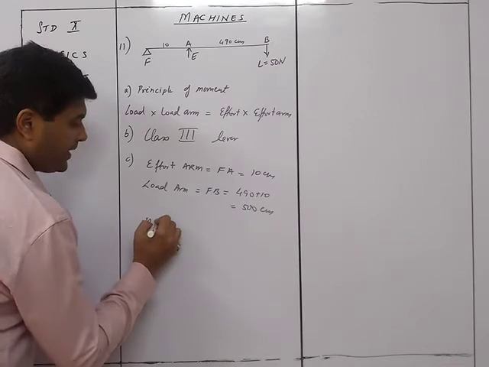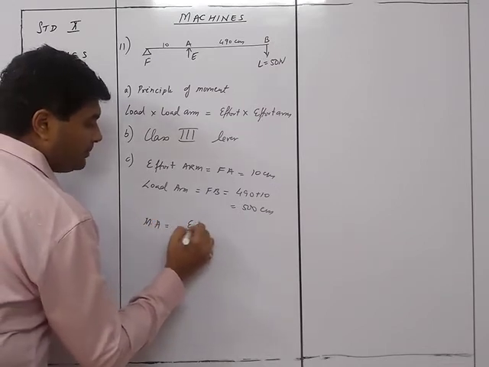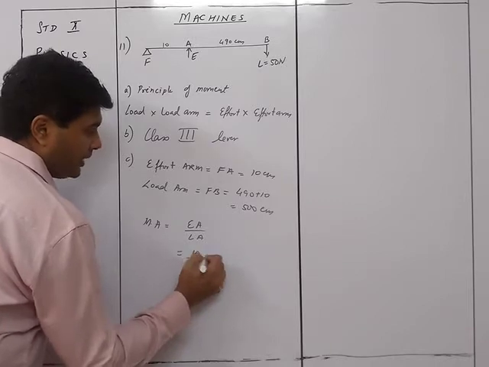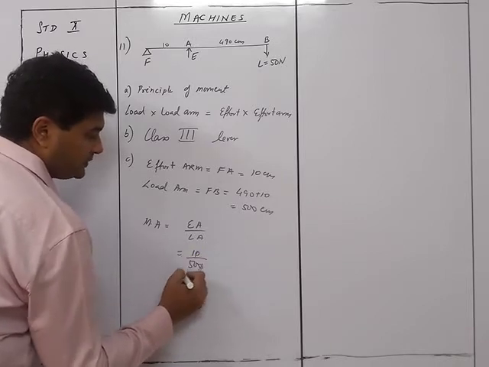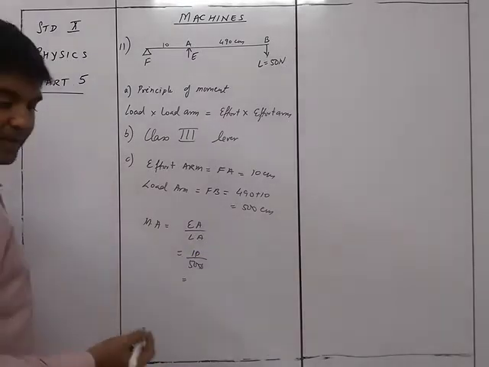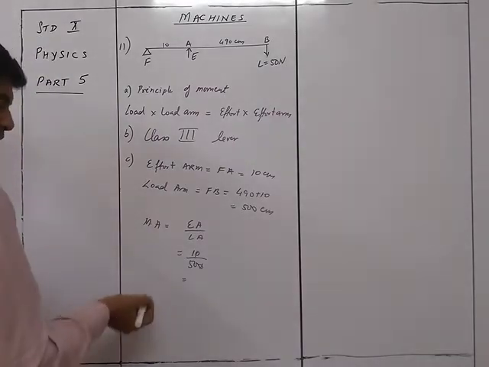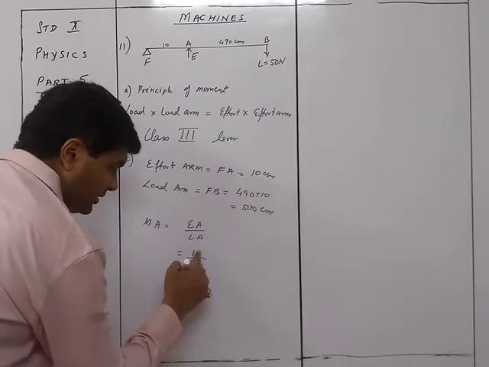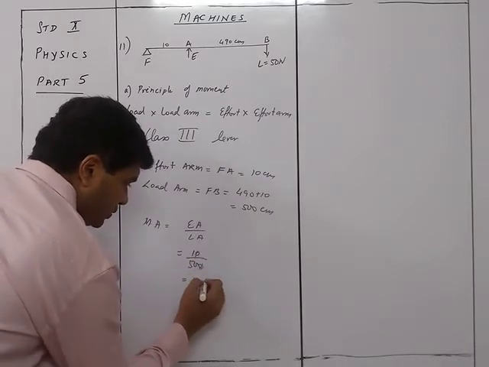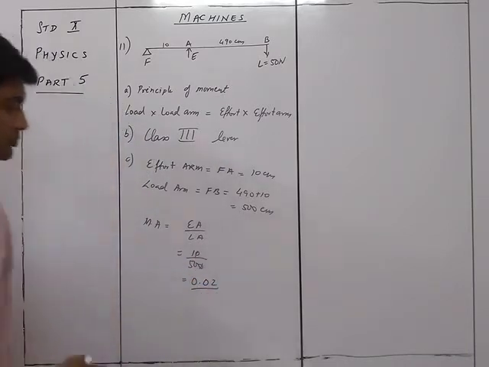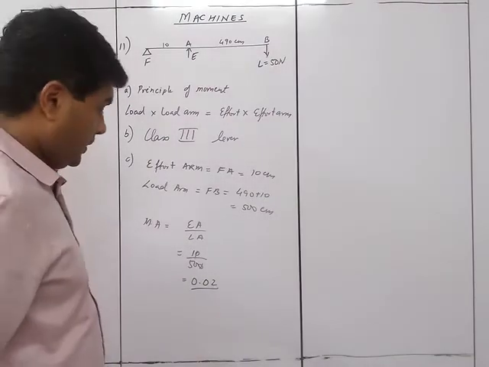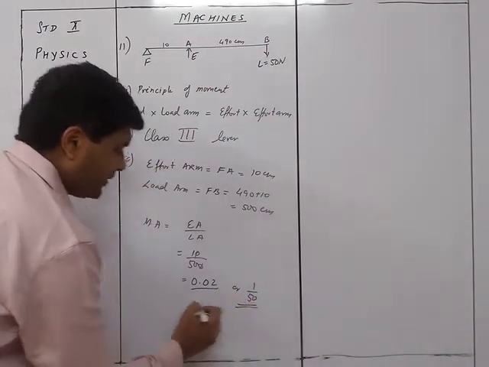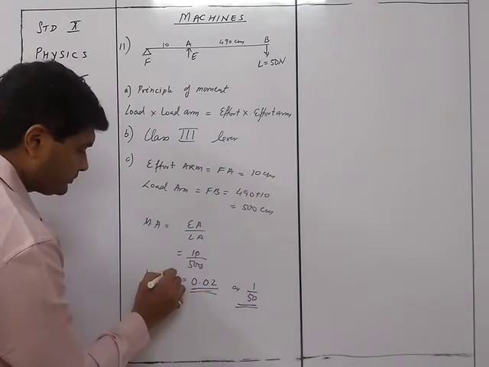Therefore, mechanical advantage will be equal to effort arm upon load arm is equal to 10 upon 500, that is 1 upon 50. That is the mechanical advantage, MA.